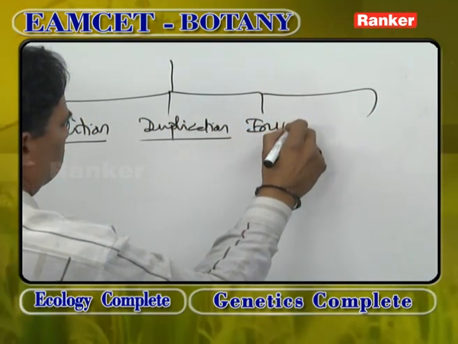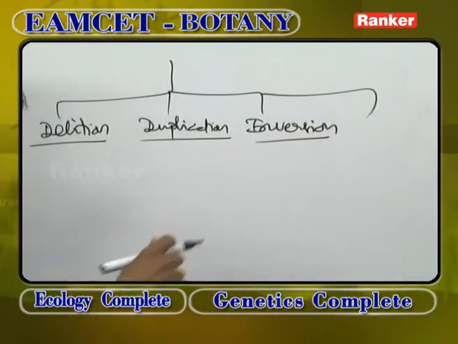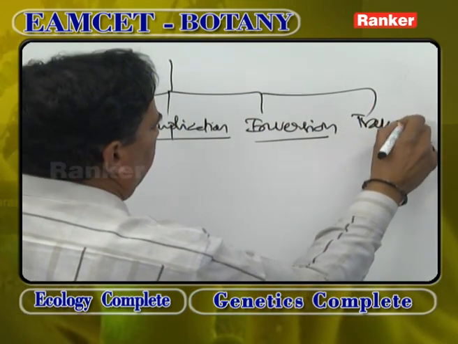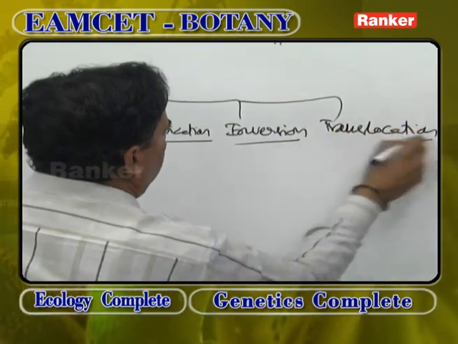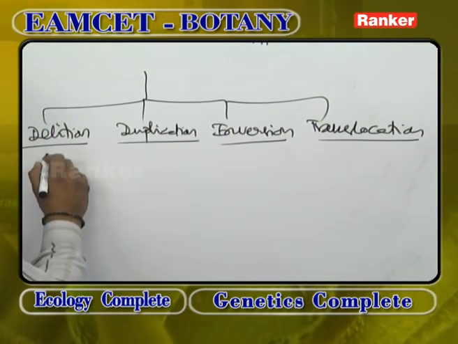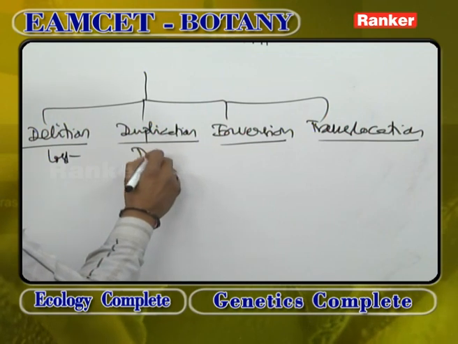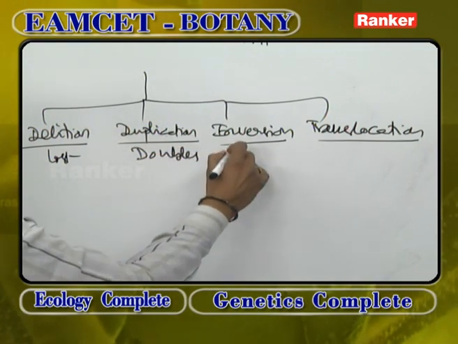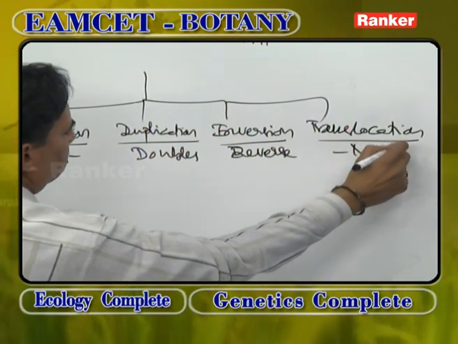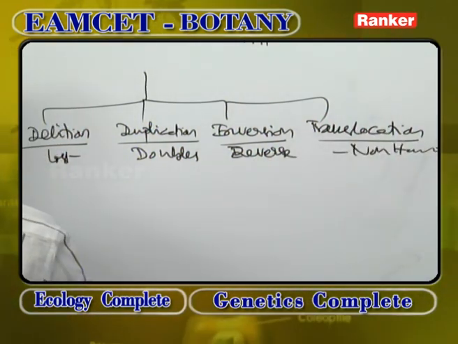Inversion: the genes are arranged in reverse. And translocation: a part of the chromosome is lost and attaches to another non-homologous chromosome.